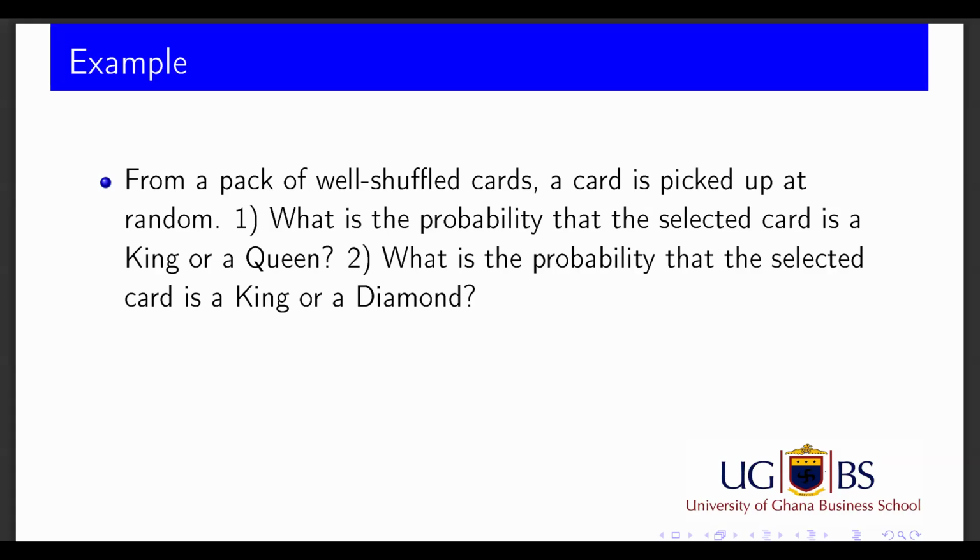Since we have 4 kings and 4 queens, we sum the two probabilities, which is 8 out of 52, which gives us 2 out of 13, and that should be approximately 0.154. So in percentage terms, that should be about 15%.